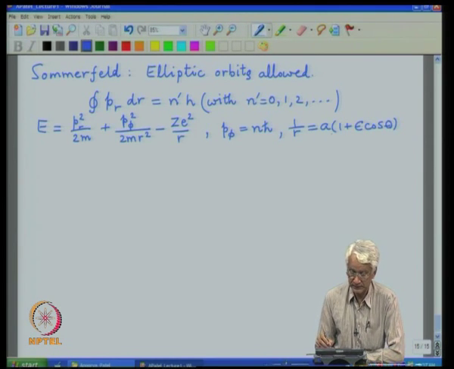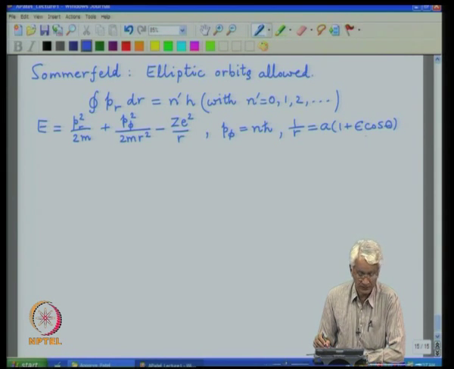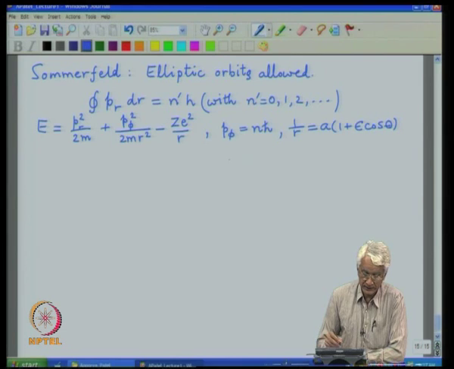two parameters, A, which is related to the semi major axis, and epsilon, which is known as the eccentricity.